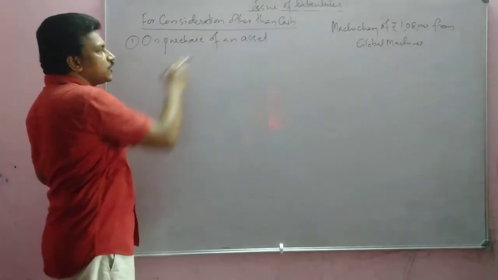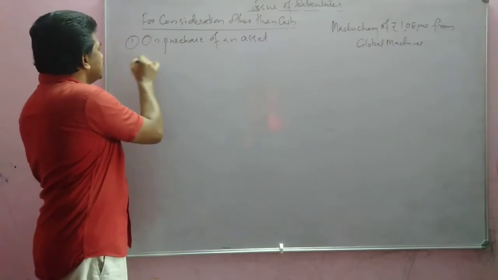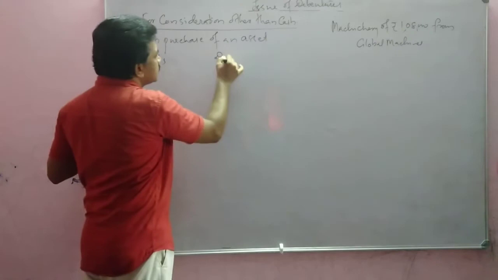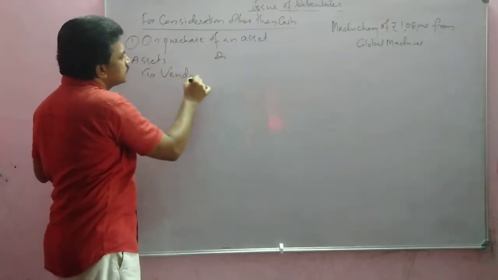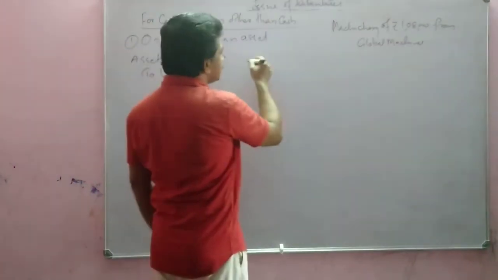On purchase of an asset we will write asset debtor to vendor. What is that asset?